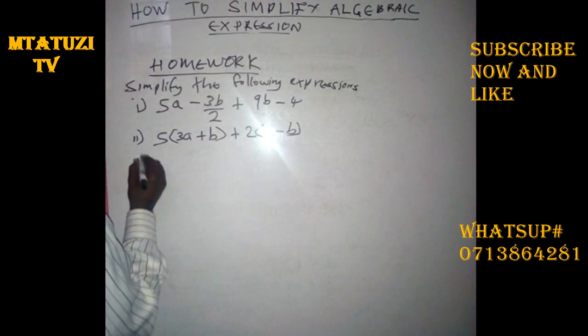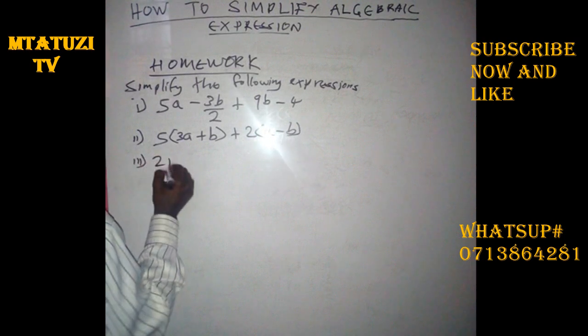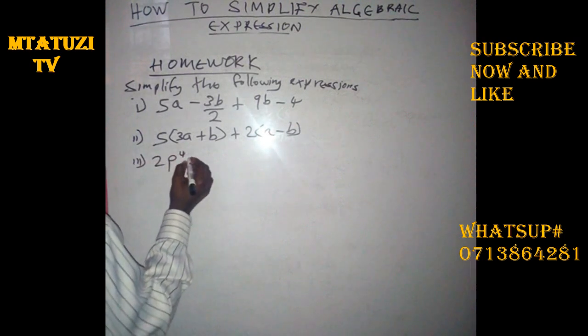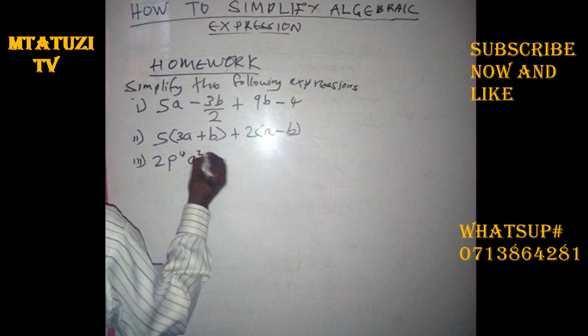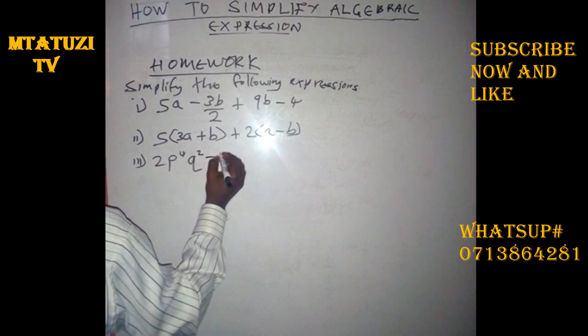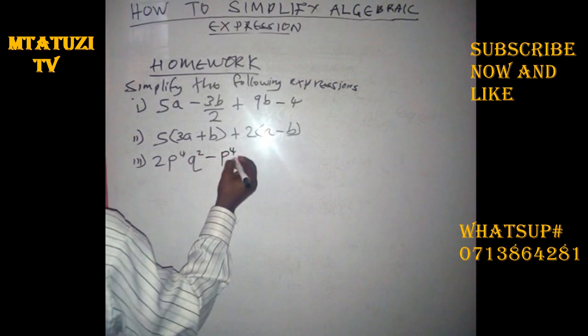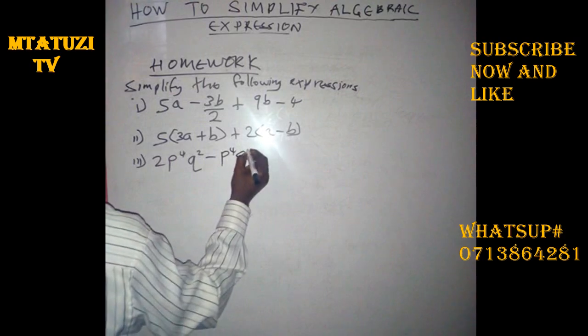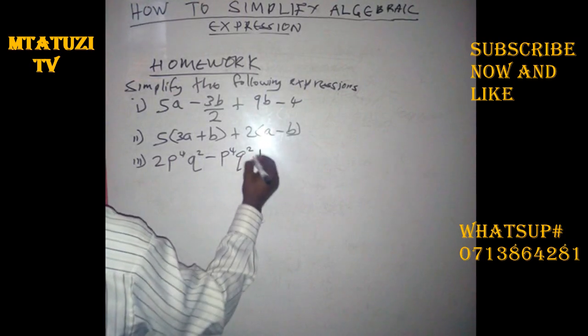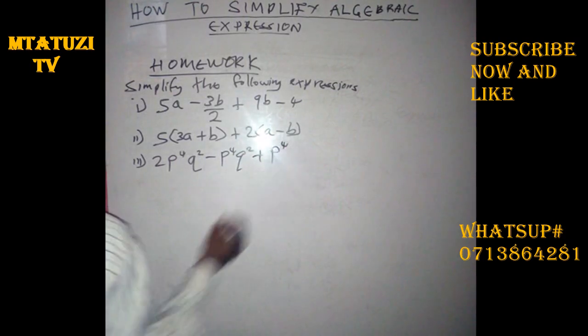Number 3, 2p power 4 q power 2 minus p power 4 q power 2 plus p power 4. Simplify it.